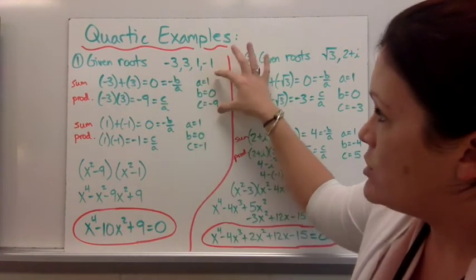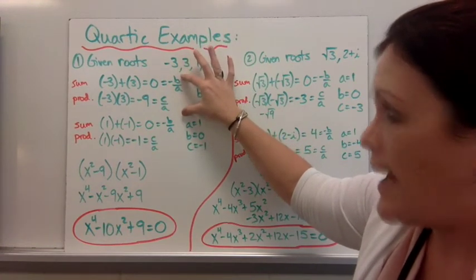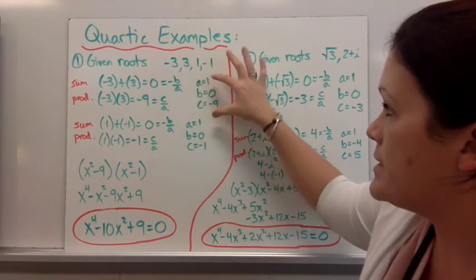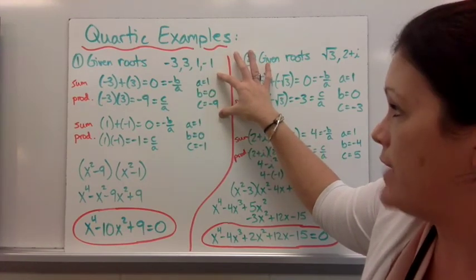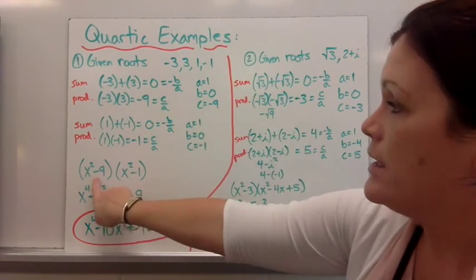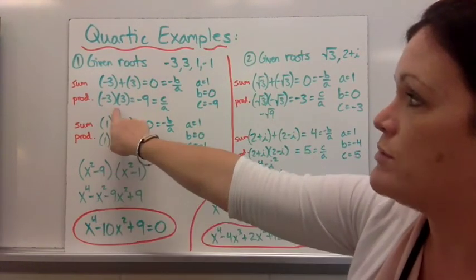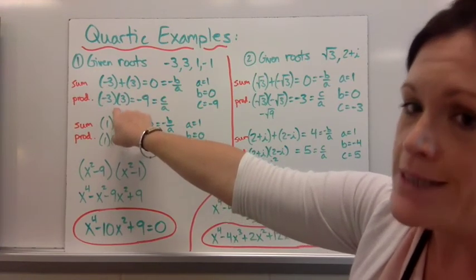Then you take the quadratic, so from the first 2 roots, -3 and 3, I added and multiplied. I picked out A was 1, B was 0, and C was -9. So I wrote down x squared minus 9 came from that first pair of roots that I worked with, because you can only do sum and product with 2 roots at a time.